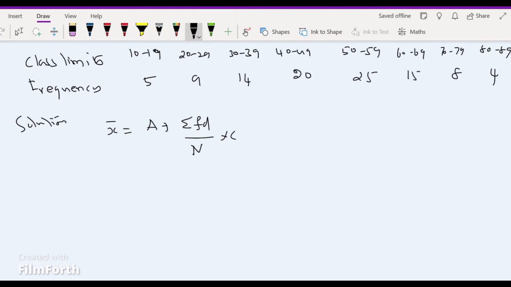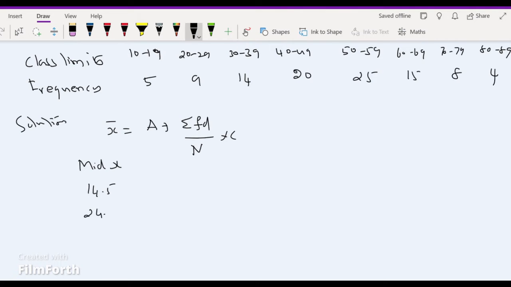From the class limits, we can write the midpoint of x. So for 10 to 19, the midpoint is 10 plus 19 by 2, so 14.5.